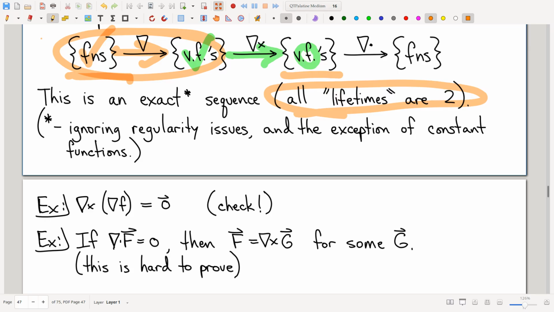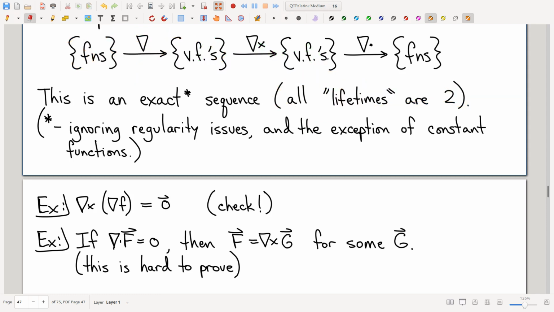Regularity conditions, you got to worry about differentiability, blah, blah, blah. We don't want to worry about that. It must be the gradient of something. Yes? So if the last function, the divergence, is not equal to 0, then there is no gradient. The vector field is not the gradient of any function?